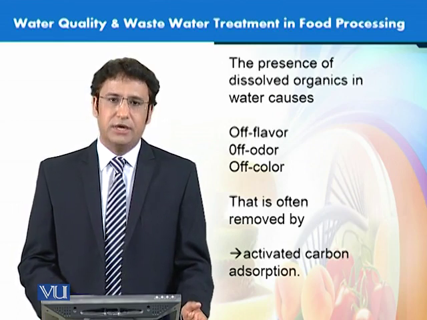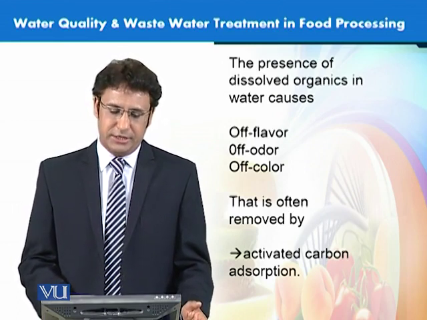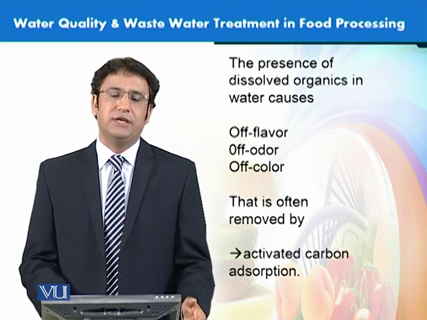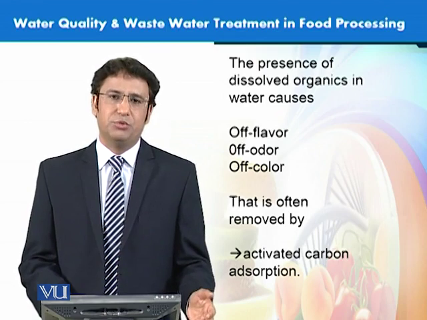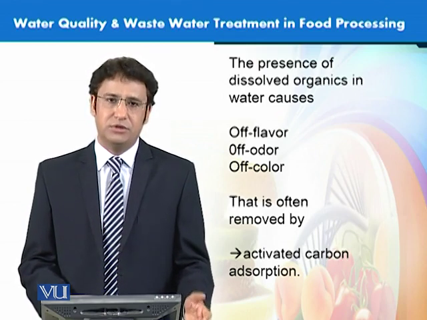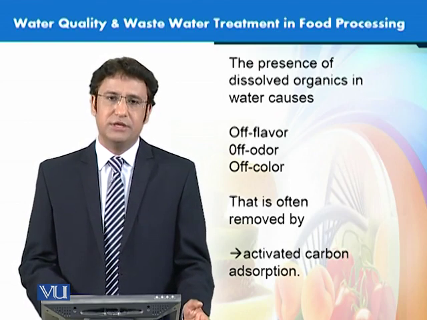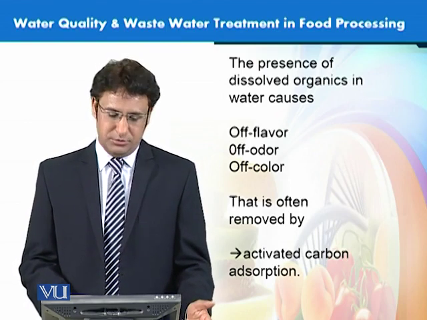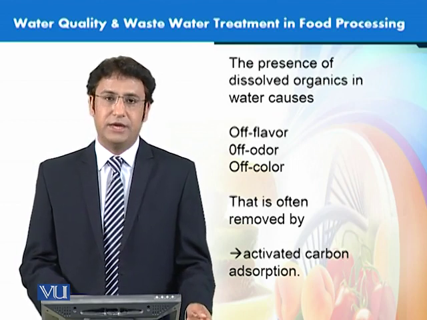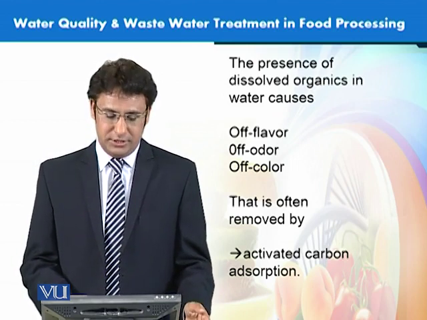So if there is organic material present within water, what are the effects of it? It is going to produce undesirable changes, such as off flavors, off odors, and off colors. These are the three undesirable changes that we don't want from the water that has to be used within industrial processing.